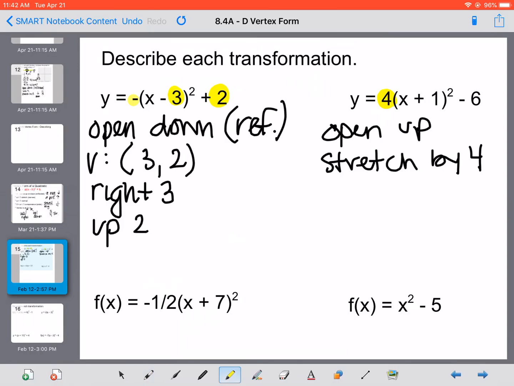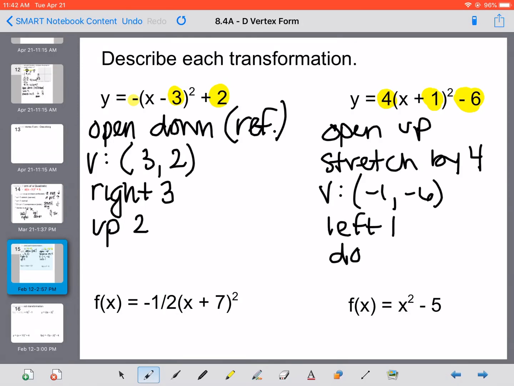And then we need to take a look at our H and our K. So our vertex, well, H is a +1, which means it's going to be a -1, and then a -6. So because our vertex is at -1, -6, then that means I'm going to go left 1 and down 6. So every point is going to shift left 1 and down 6.